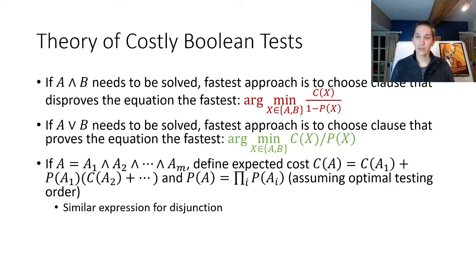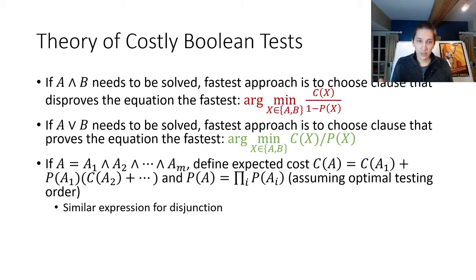For an equation that is a conjunction of multiple terms, we can define the expected cost of testing that term as the cost of testing the first term, plus if it succeeds, the cost of testing the next term, etc. This assumes that there's an optimal testing order, so that we've sorted A1 through AM in terms of their increasing C of x over 1 minus P of x.